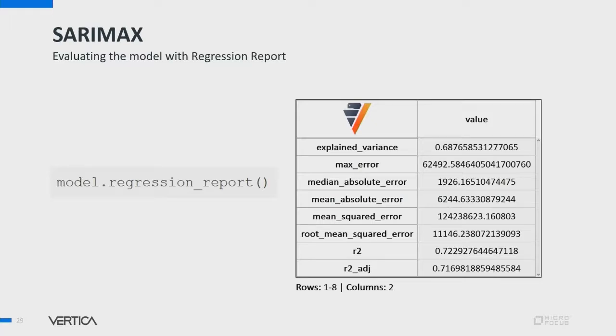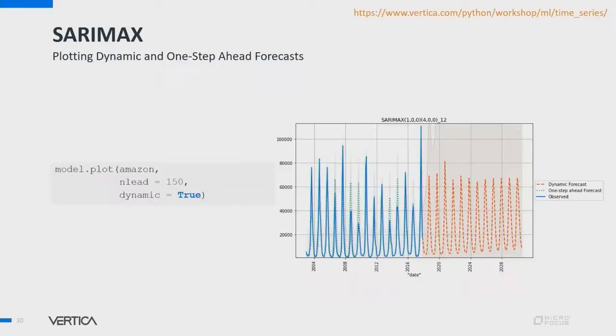For that, there's this pretty simple command that you'll use, model.regression_report. This is also helping you evaluate the model. It gives you the explained variance through this model, max error, median absolute error, and a lot of other critical figures that you might want to look at. Now, if you wanted to plot this, VerticaPy comes with a lot of plotting capabilities, including dynamic and one-step ahead forecast.